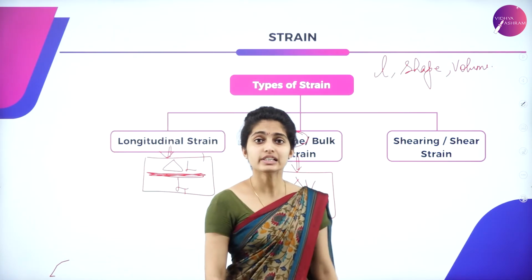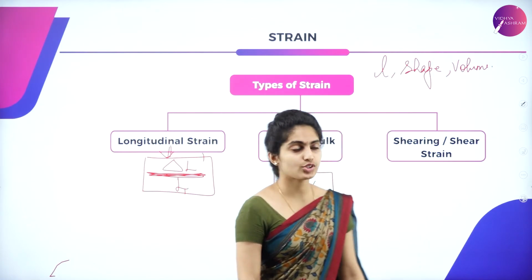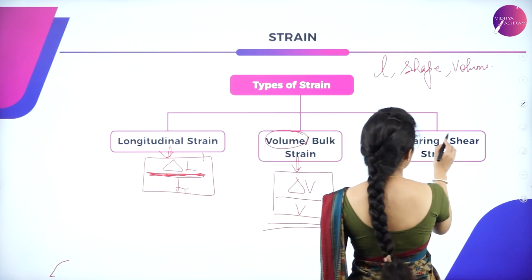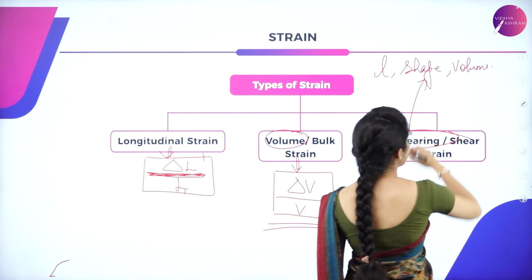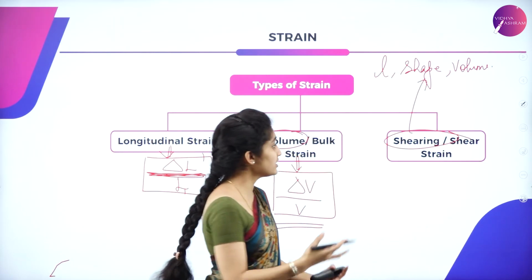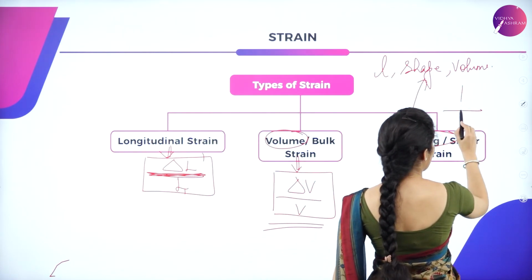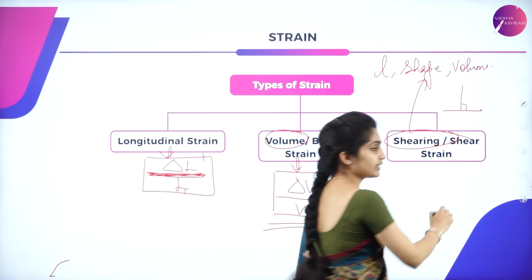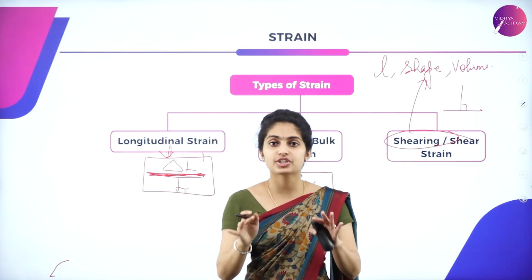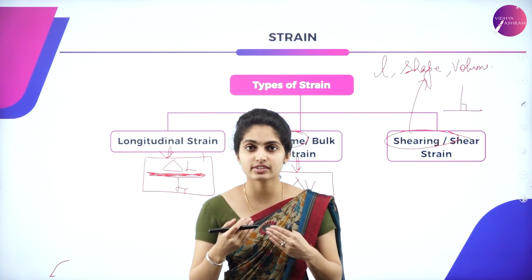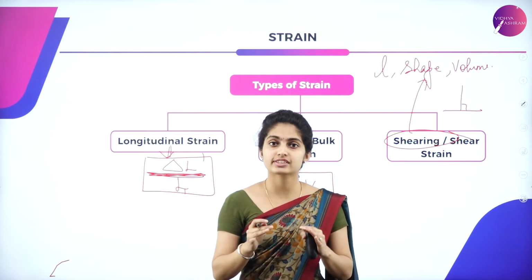Next, let us go to the shearing or shear strain. Here, this is with regard to the shape. So there is a change in shape, that is, the perpendicular lying plane, the plane which is normal, changes its direction, it changes its angle.